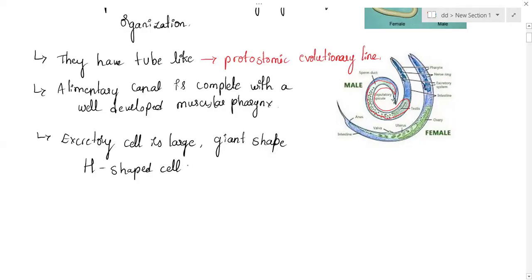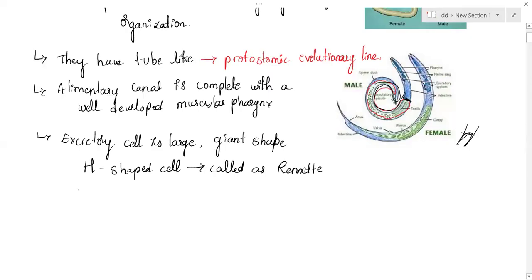This H-shaped cell is called the renette cell. Can you find here the difference between this and this, and could you find this shape? This is why it is called the H-shaped cell, the renette cell.